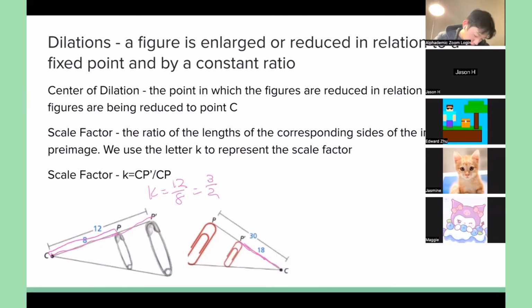The original CP would be 30, whereas the new CP would be 18. So in this case, the scale factor would be 18 over 30, or 3 over 5. Just be careful about this.